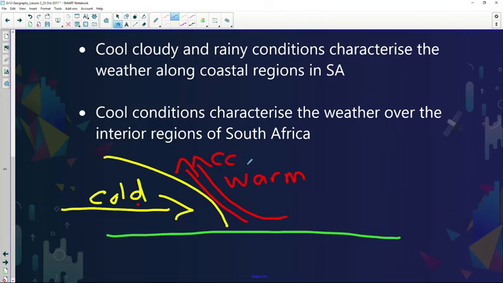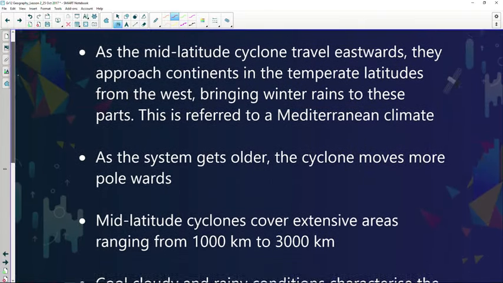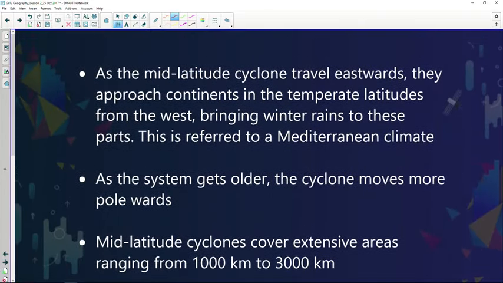Cool, condense, clouds, and rain. And usually the clouds that we can see over there are cumulonimbus clouds, and we experience rainfall. Now, if we go back, as we can see, this is the type of rainfall that the Western Cape experiences during winter.